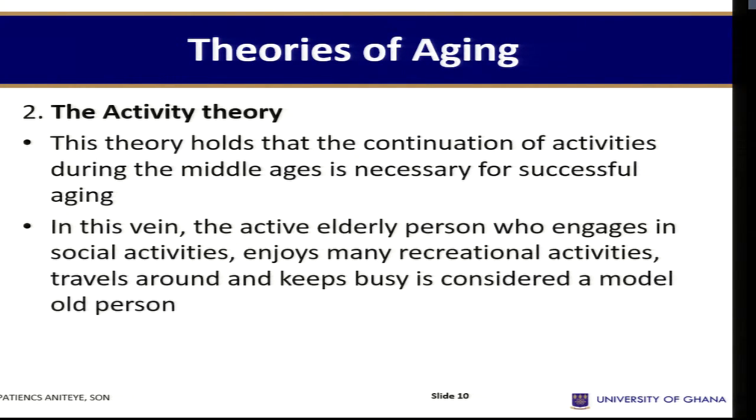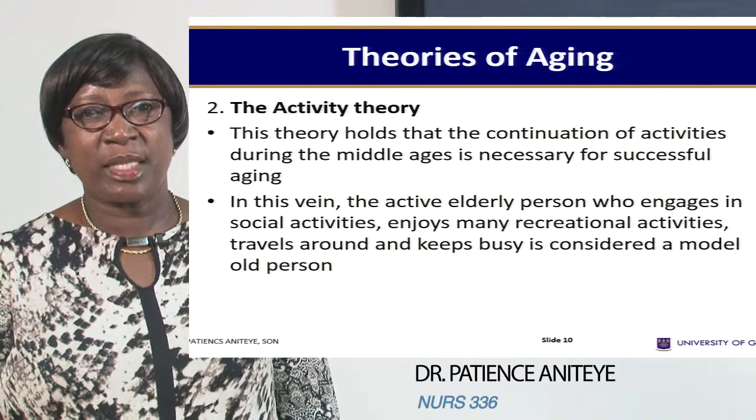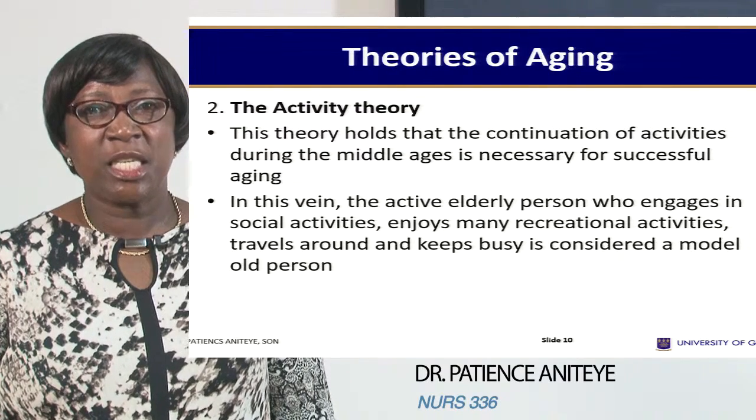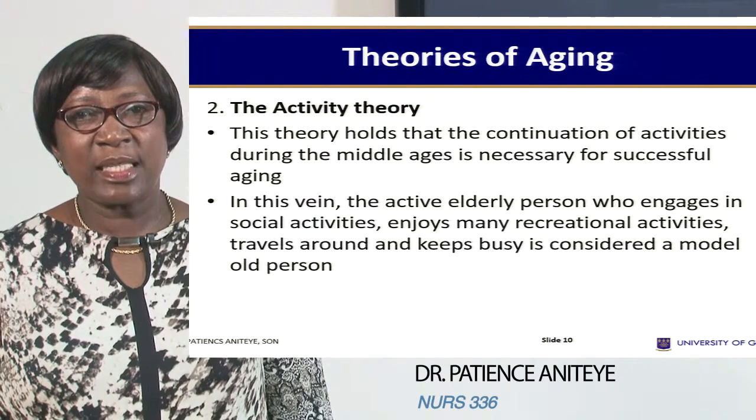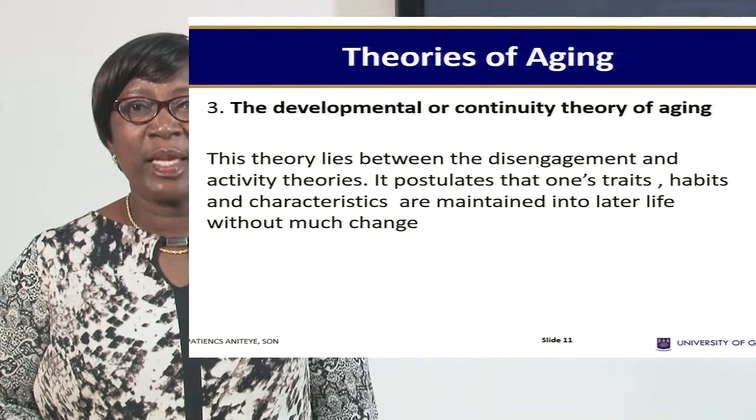More or less, the elderly person does not stop her activities, be they recreational or social activities. She keeps doing them. So such an elderly person is considered a model old person.